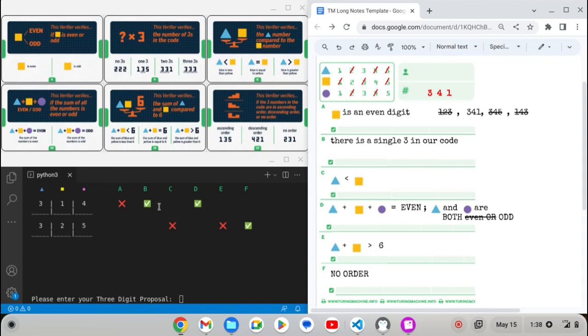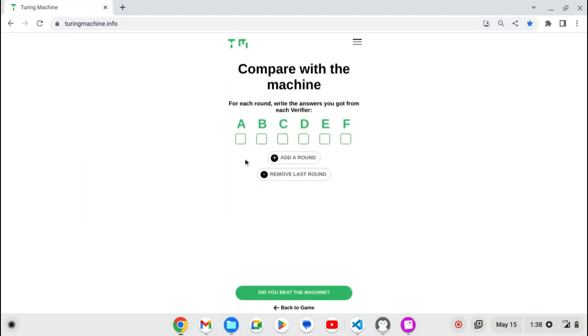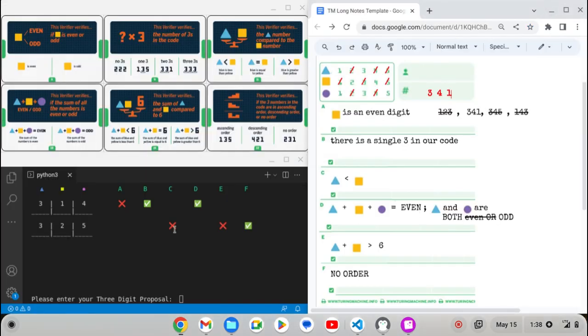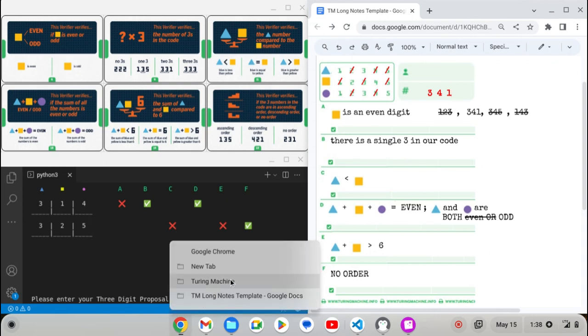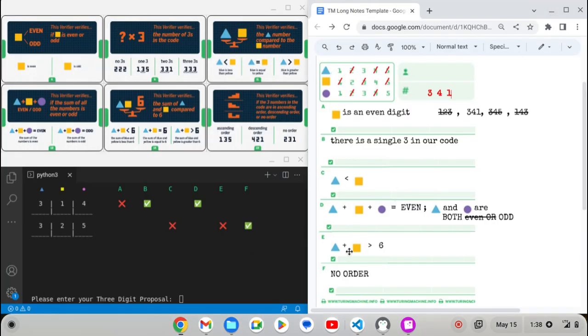So first we did A, B, D, and I believe A was the only incorrect one in that turn. And then C, E, F for round 2. And I believe in this case, F was the only correct answer, and it was.